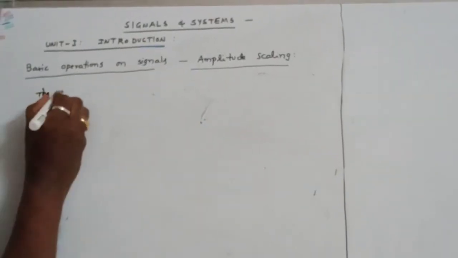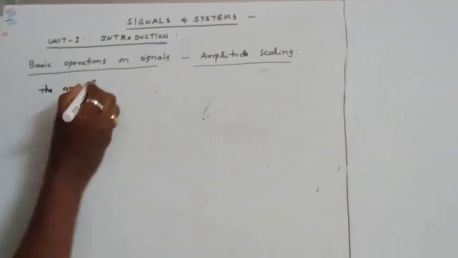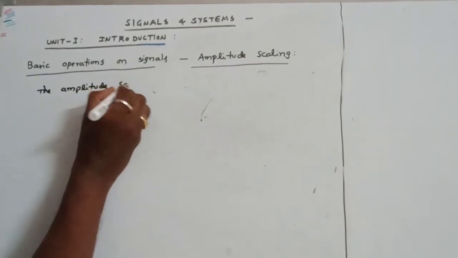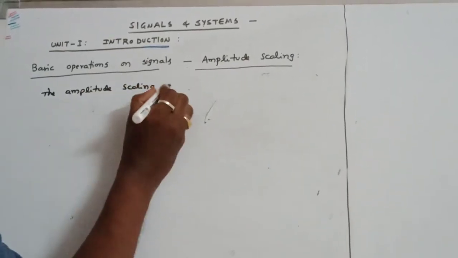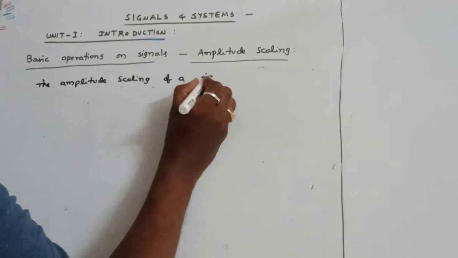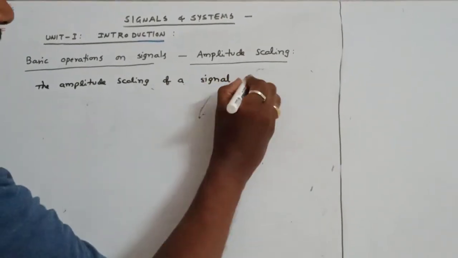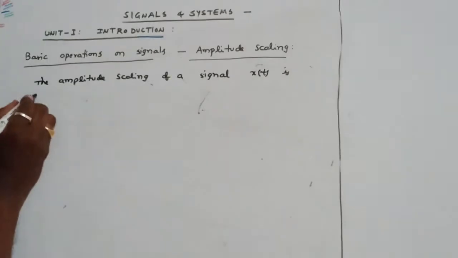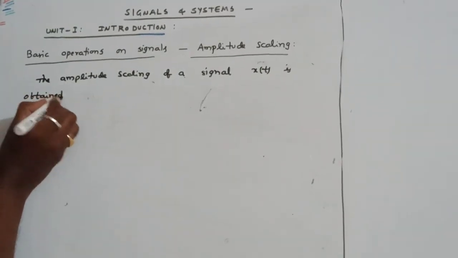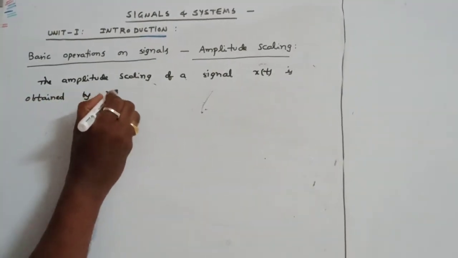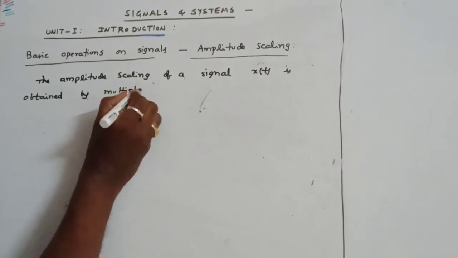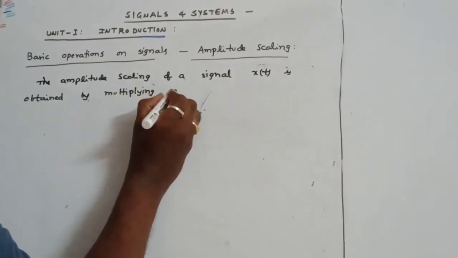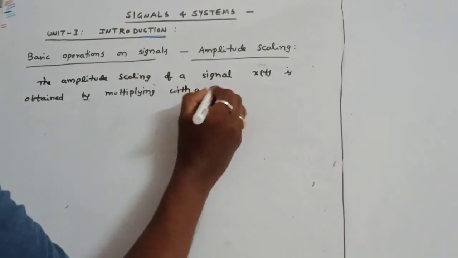The amplitude scaling of a signal x of t is obtained by multiplying with a constant.